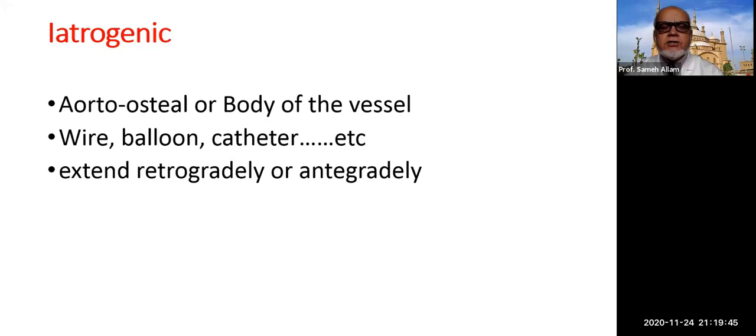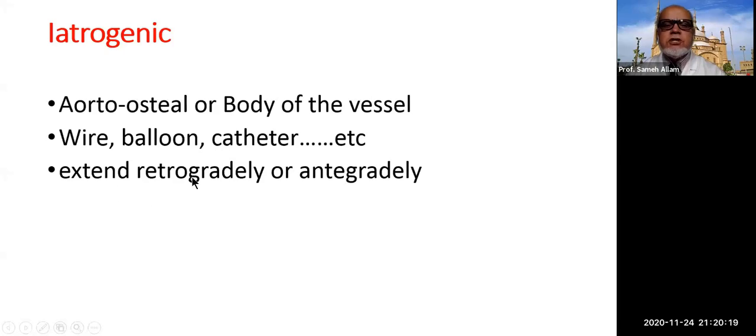Iatrogenic dissection during PCI may be aorto-ostial, the proximal part of the main vessels, that extends retrogradely to involve the coronary sinus and the aortic root, and it may extend distally along the body of the vessel. It may be caused by the wire, by a balloon, by a catheter, diagnostic or guiding, or by any equipment used during PCI.